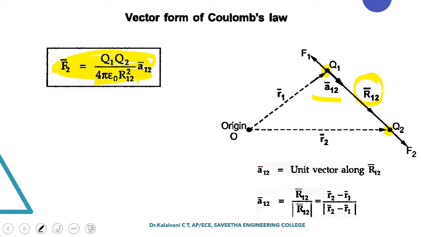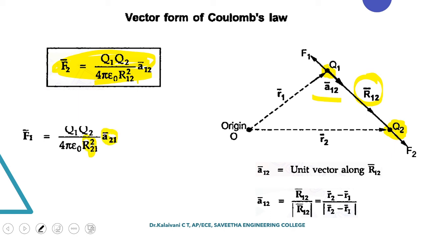Okay, remember we have to write it with vector. So this is F2. We are calculating with respect to charge 2, so at that time it will be R12 and the unit vector will be A12. If I calculate F1, the distance will be reversed, R21, and the unit vector will be A21.